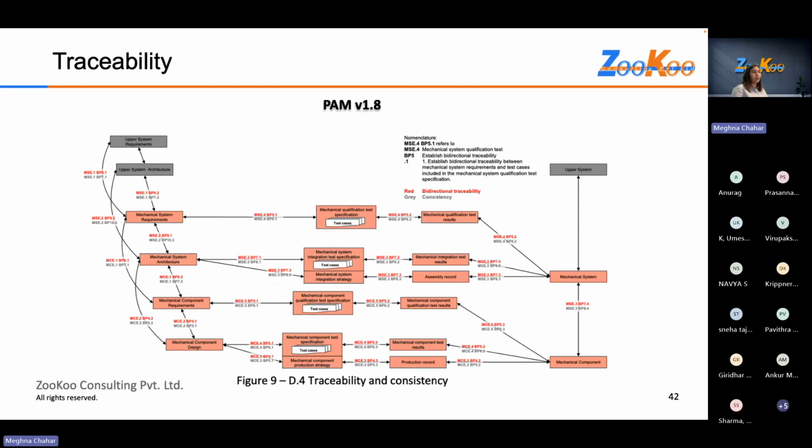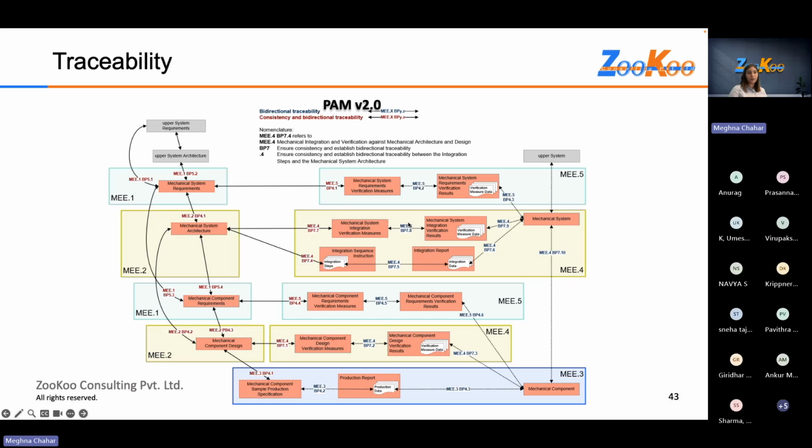Next, traceability. Here, not a major change. Just one thing I wanted to highlight: this was the traceability defined in version 1.8, where we had upper system, mechanical components, production, and right side testing processes. And this is what we have now.